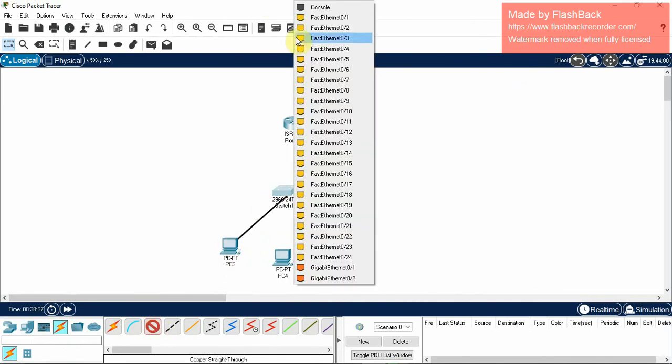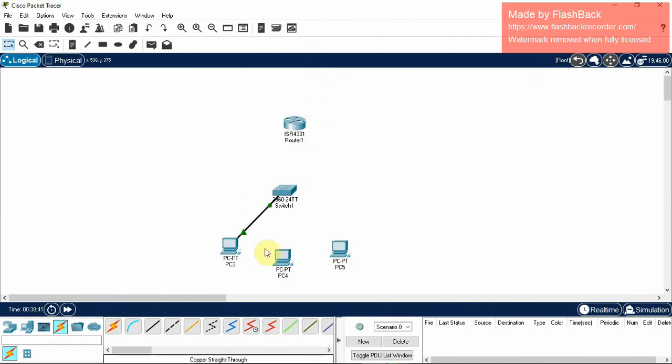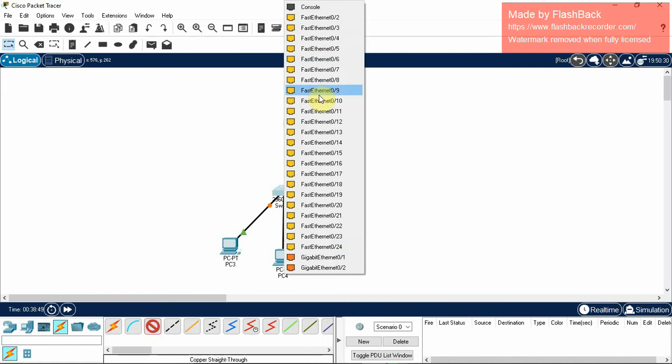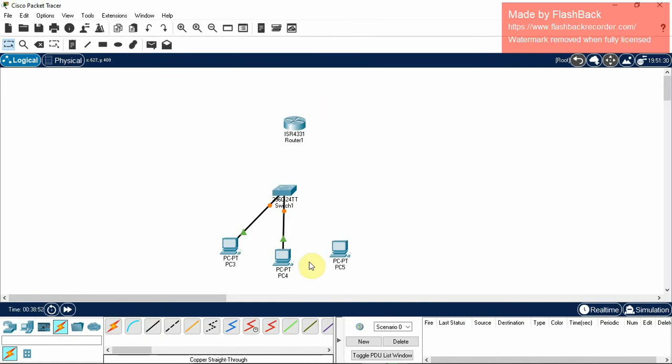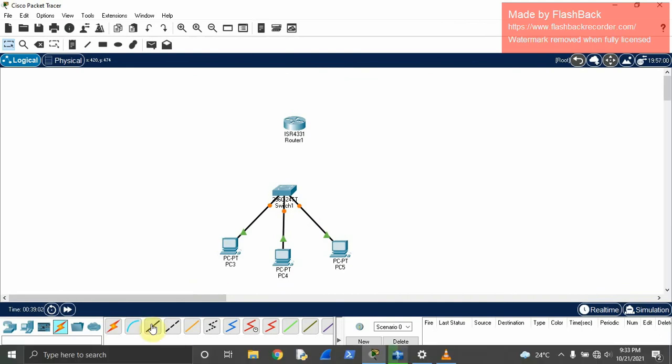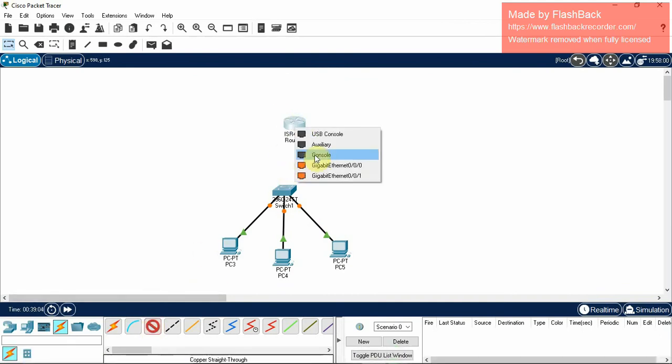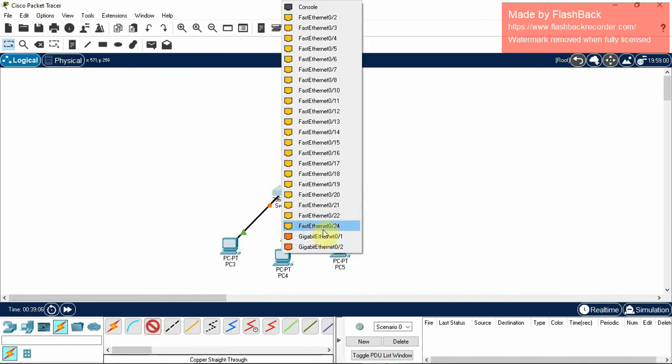So yeah, the interfaces of this one start from 1 to 8, and the other one for VLAN 20 is going to start from 9 to 16. The other one is going to start from 17 to 23. Then also of course for the router it is going to be 24 there.